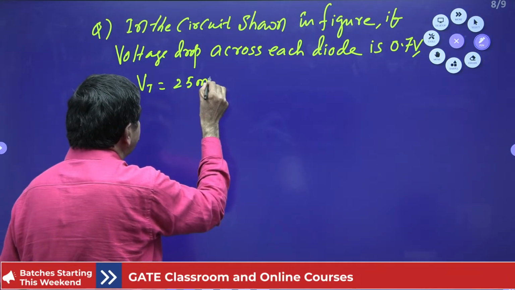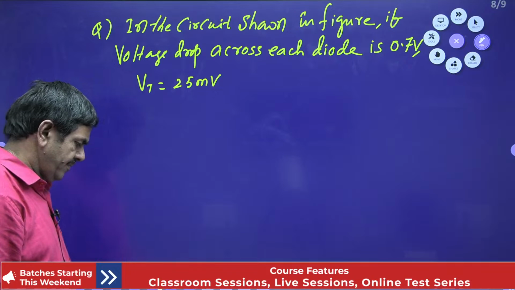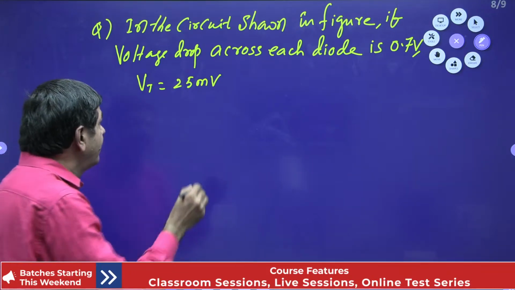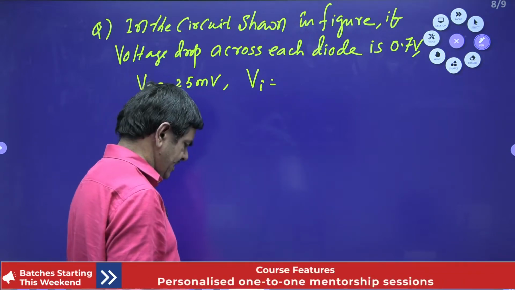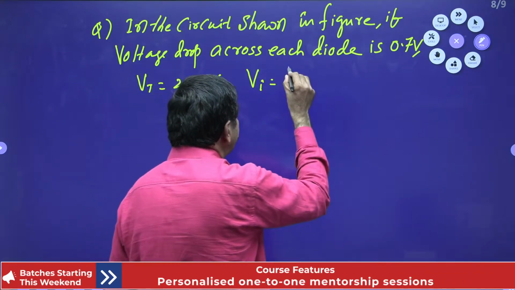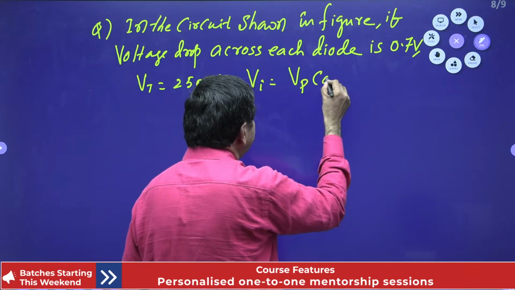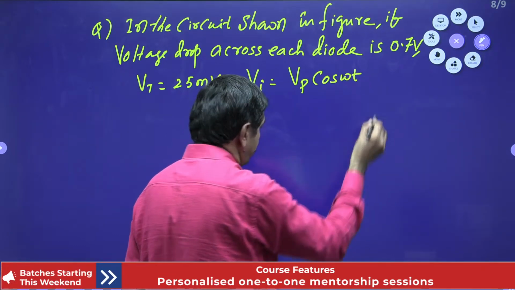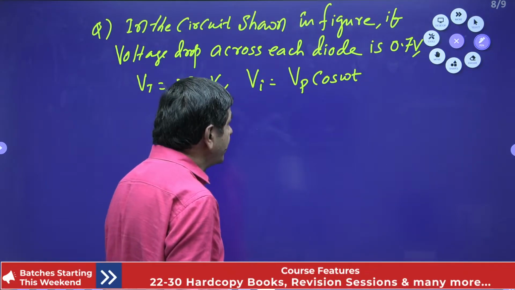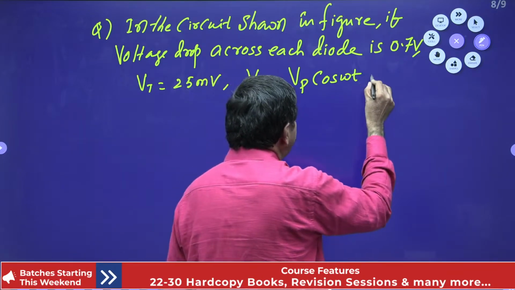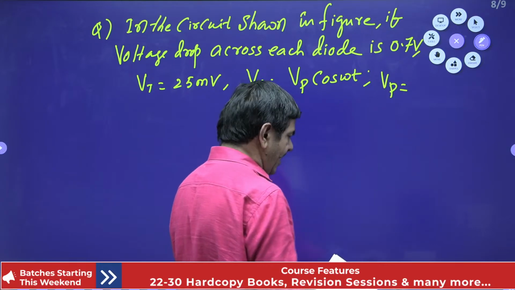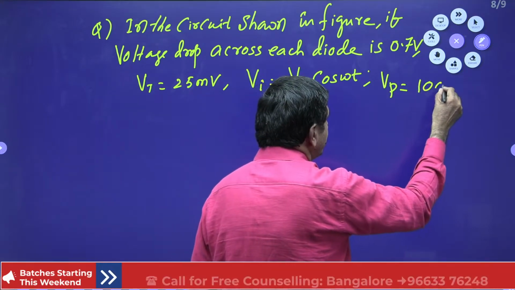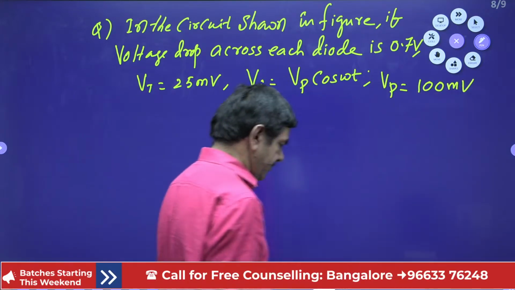If it is given 25, you must take 25 millivolts. Vi, the input voltage, is given as Vp cos omega t, where Vp is 100 millivolts.